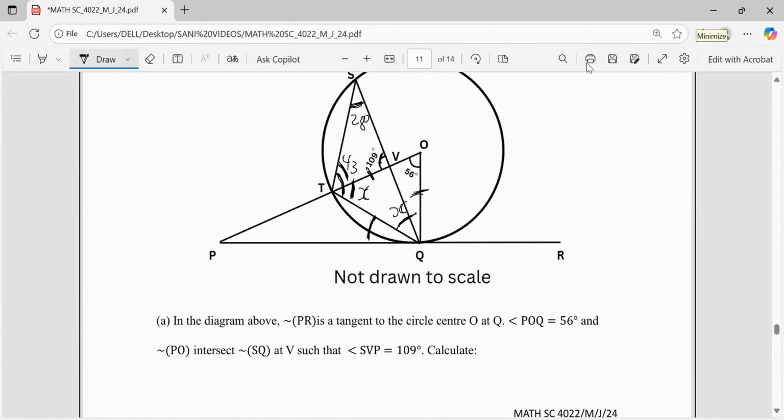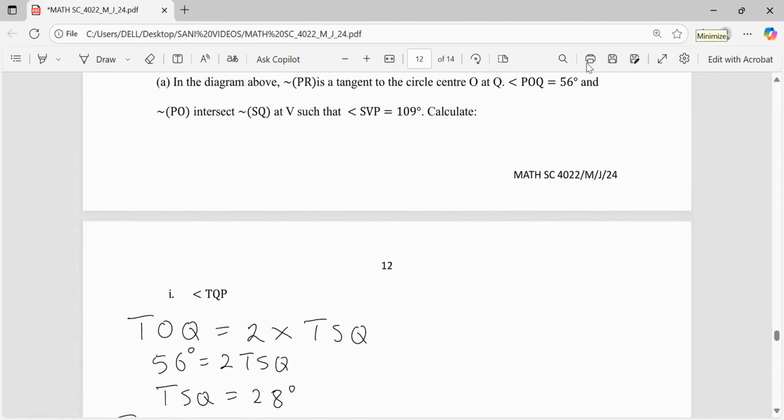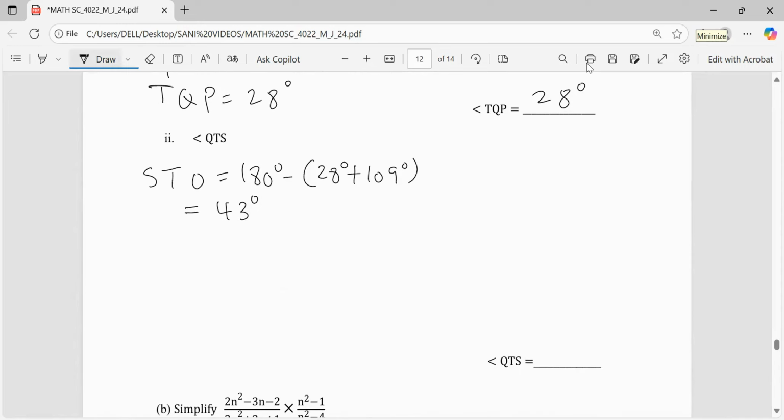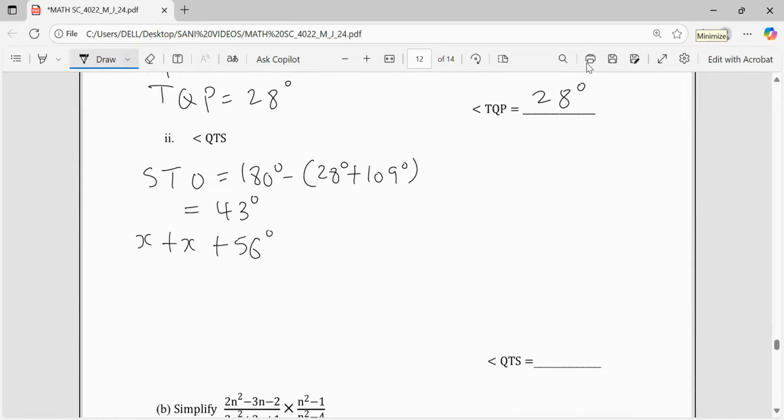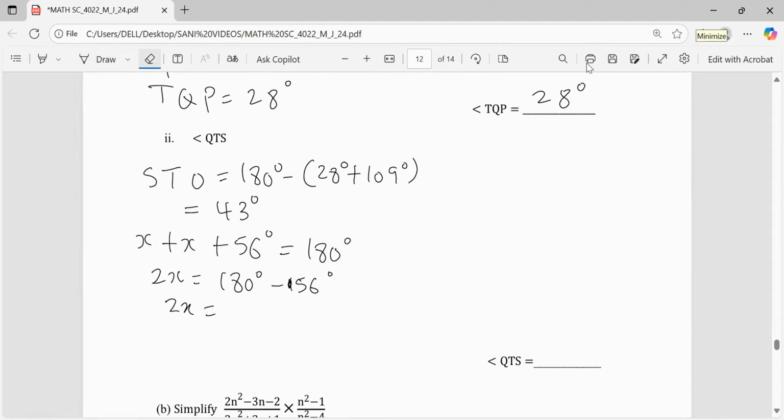So let us apply sum of angles in the triangle. So you have X plus X plus 56 degrees equals 180 degrees. So we have 2X equals 180 minus 56 degrees, not 156.